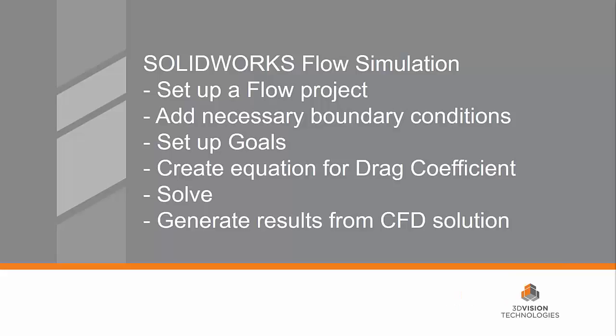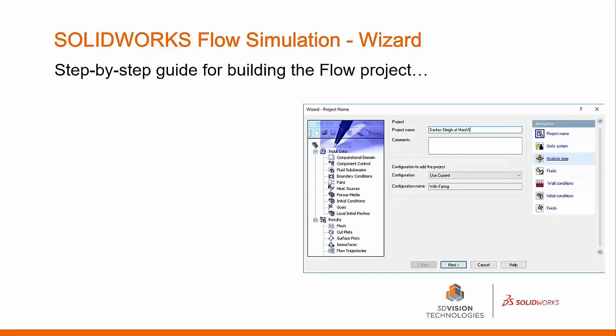So here are the steps that we're going to go through. We'll set up a flow project and add any necessary boundary conditions. We'll set up the goals, in this particular case the things that we're interested in tracking for the aerodynamic capabilities of Santa's sleigh. We'll create an equation goal for the drag coefficient, and then we'll solve the model. Once all that's complete, we'll start to generate results from our CFD solution.